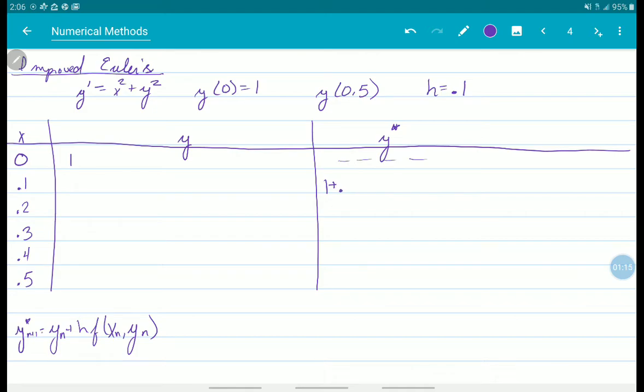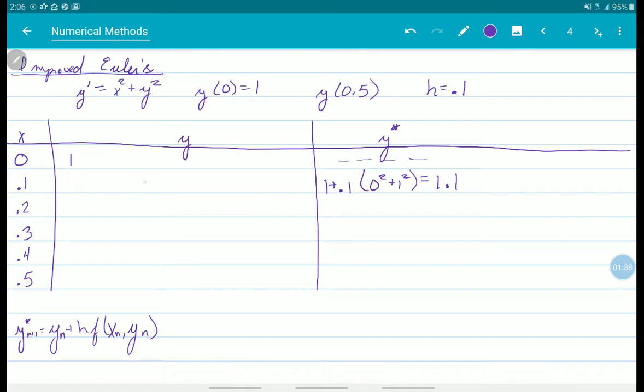It's going to take that step size of 0.1, and then it's going to evaluate that differential equation at the previous x, y. So we're going to get 1.1.